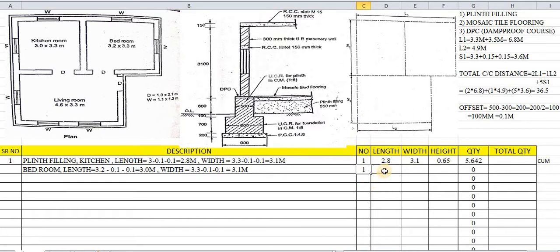How many bedrooms? One bedroom. What is the length of this bedroom? 3 meters. The width of the bedroom is the same as 3.1. The height of this filling is 0.65. So here we have calculated this as 6.045. The quantity is the same, in cubic meters. The same way for the living room.